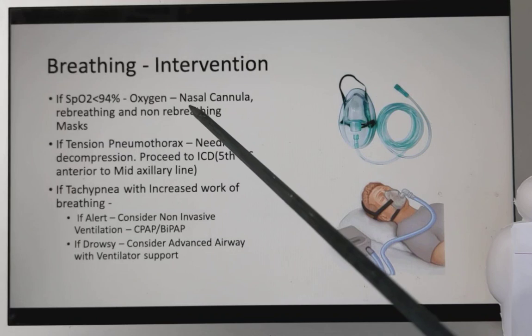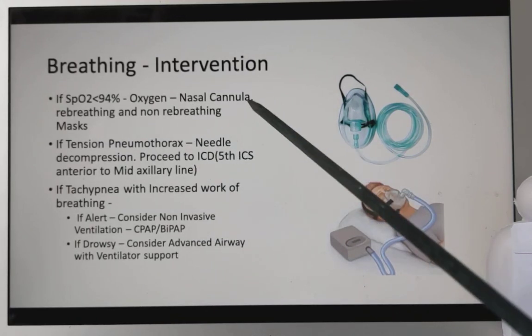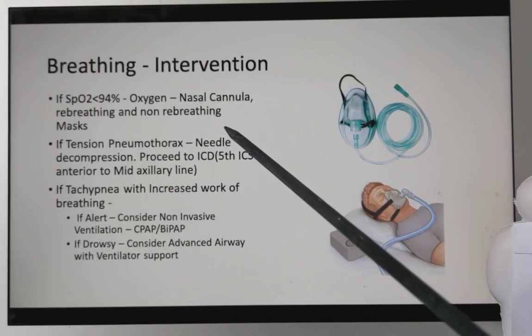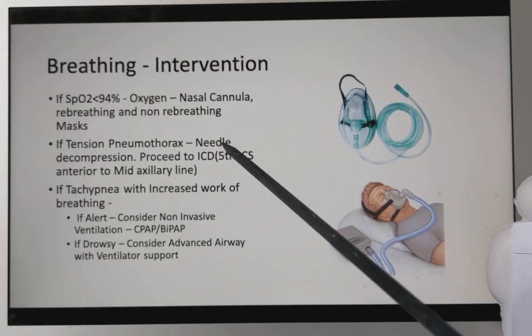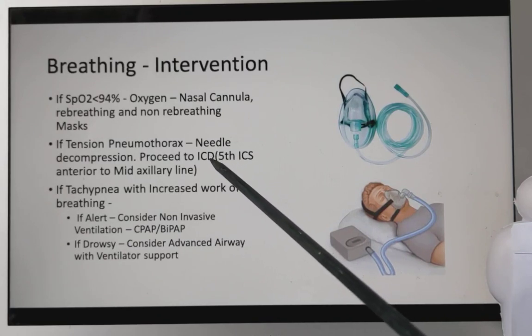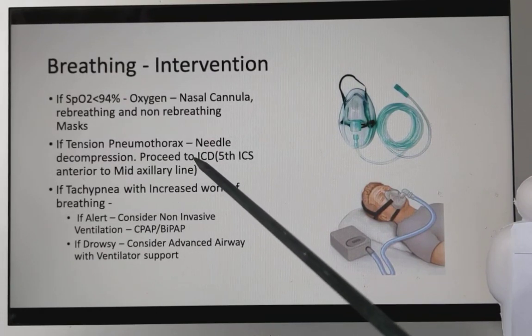For some reason, like if somebody has a penetrating chest trauma, there can be air trapped between their lung and the chest wall, which can cause the lung to collapse. In a tension pneumothorax, the air on that side builds up so much that it starts shifting or pressing on the blood vessels coming to the heart also. The person can go into shock in these cases.